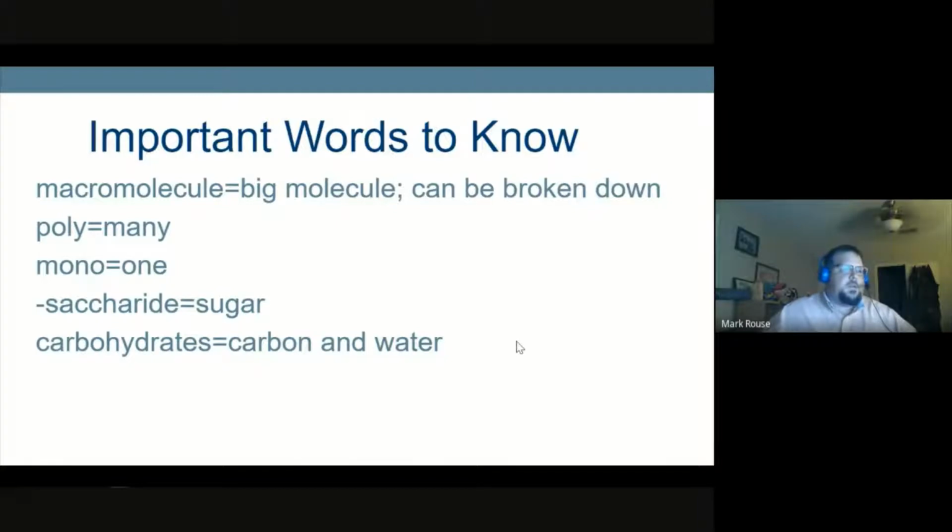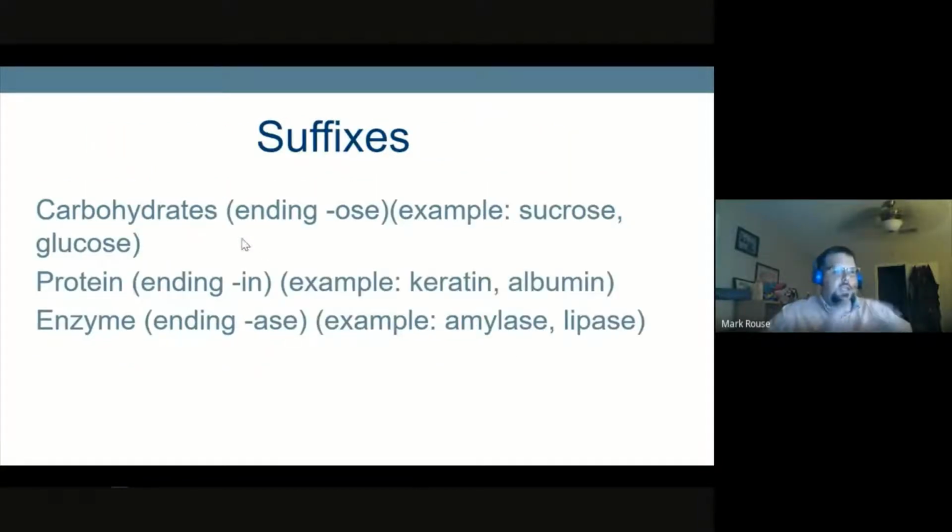Carbohydrates typically end with the suffix ose. For example, sucrose, which is the sugar you eat, we call it table sugar. It is the white sugar you can buy at the store that you put in baking and cooking. If you take white sugar and put it in a pan and slowly heat it up and stir it, you'll make caramel, depending on how you say it.